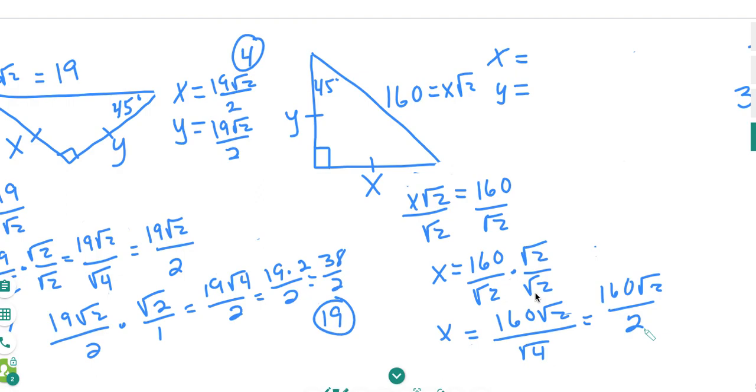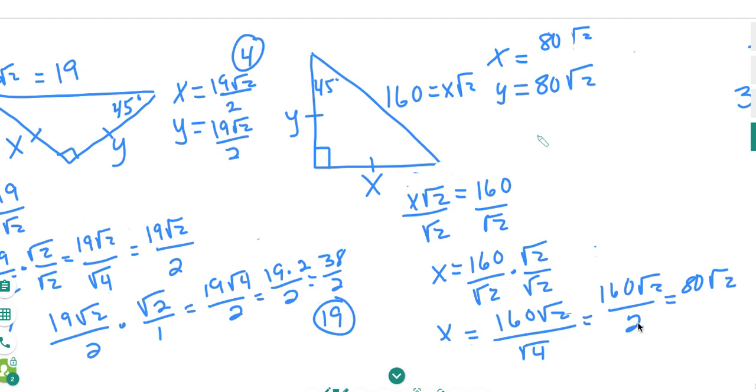We haven't simplified that yet, so let's go back and simplify. 160 divided by 2 is going to give us 80 square roots of 2 for the lengths of our two sides, and 80 square roots of 2.